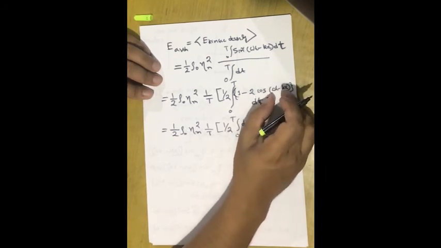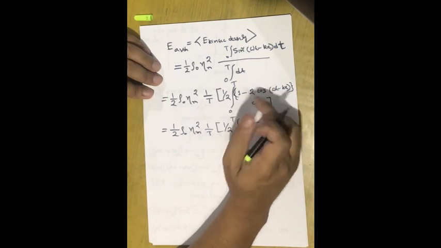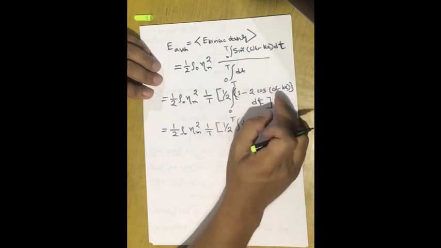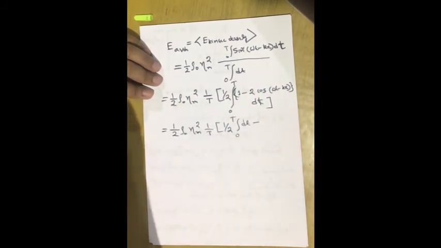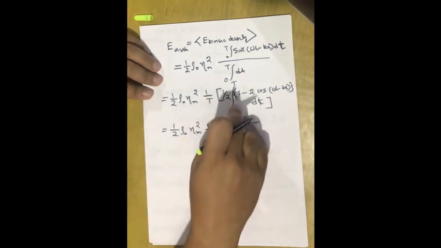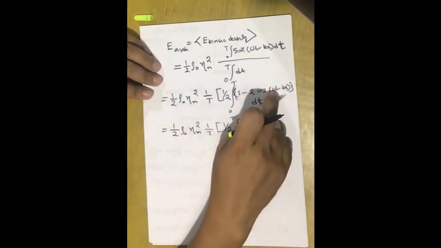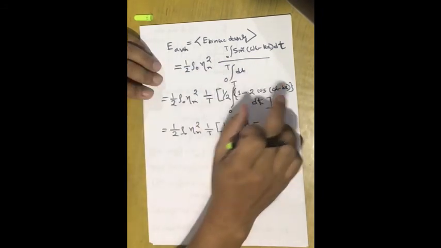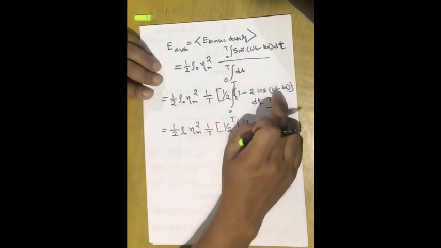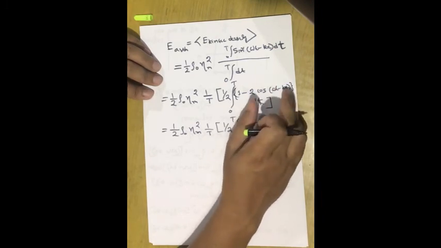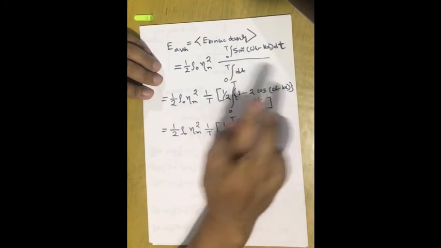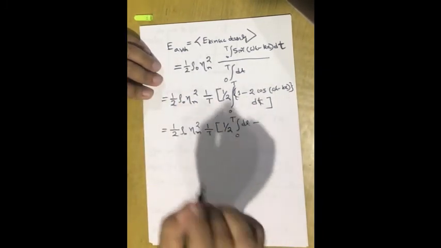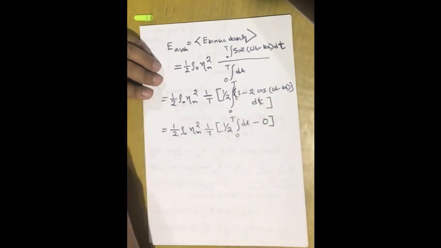You see, cos is a periodic function. If you take the integral of a periodic function over a full period from 0 to T, it always gives 0. You can check this for any periodic function, whether it is sine or cos, and you don't have to worry about what is in the argument. As long as it's periodic, its value will always be 0. So I'm not going to repeat it. This value you can find as 0.